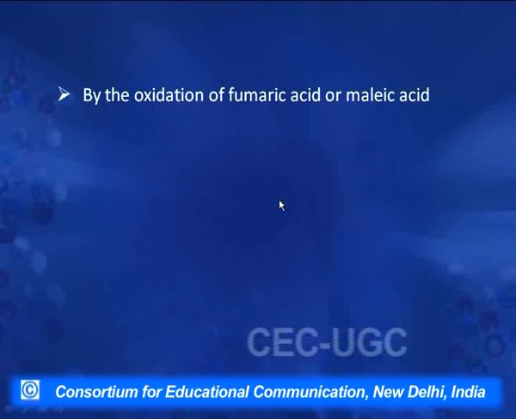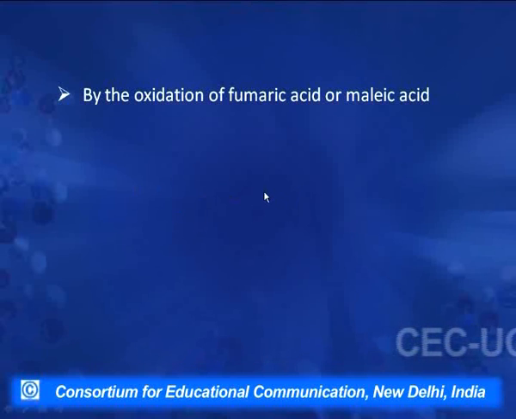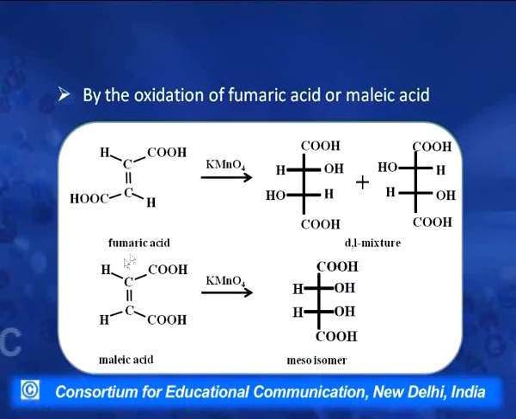As I told you before that fumaric acid and malic acid are geometrical isomers, fumaric is trans isomer, malic is cis isomer. When they are oxidized by KMnO4, then 2 hydroxyl groups add across this carbon-carbon double bond from the same side. So, fumaric acid gives us 2 isomers which are DL mixture, whereas malic acid gives us the meso isomer of tartaric acid.